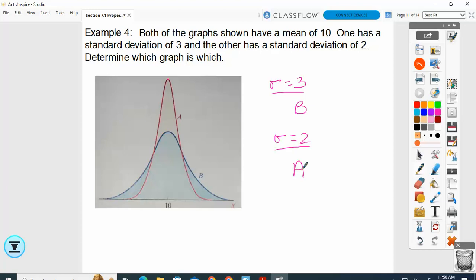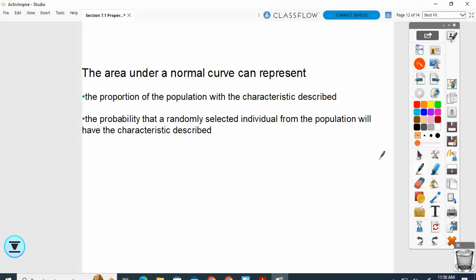Did you guys get that? When we are talking about the area under the normal curve, there's a couple different ways it could be interpreted. We can think of it as a proportion of the population with a certain characteristic.